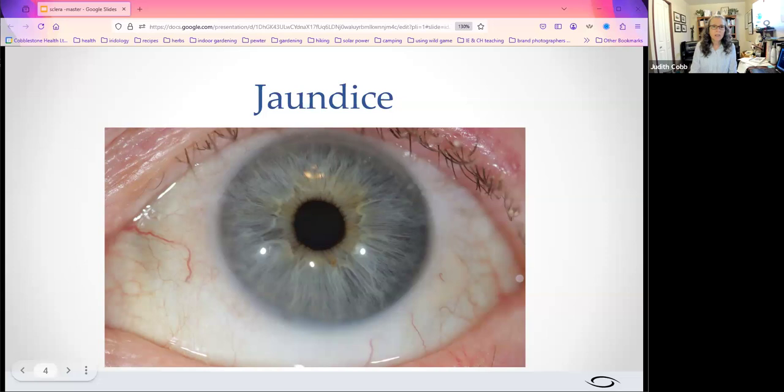Now, here's the story behind this person's eye. This is a gentleman. He's in his 60s, his late 60s. He doesn't drink alcohol. He does take supplements. He is not on any medications. He's worked a lot in chemically toxic environments. And while that won't change his iris, it will change something or some things in his sclera, right?